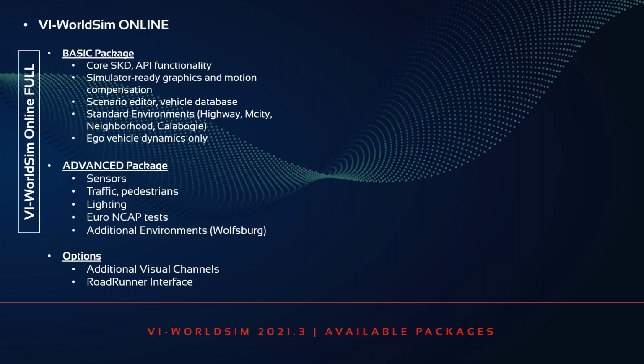The sum of those two packages together is sort of a bundle called Online Full. And then in addition to that bundle, if you have additional screens that you want to have channels driven to, there's options that are basically display dependent. And then that Roadrunner interface that we just talked about. So that's all packaging that's around running WorldSim on a simulator.